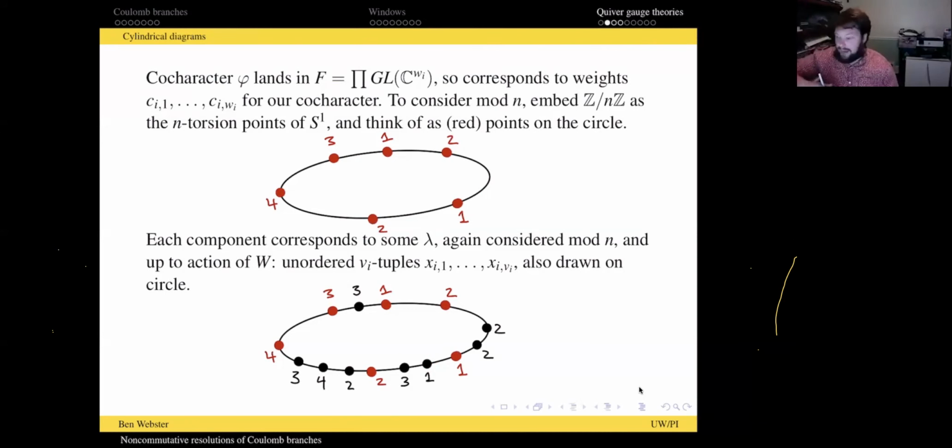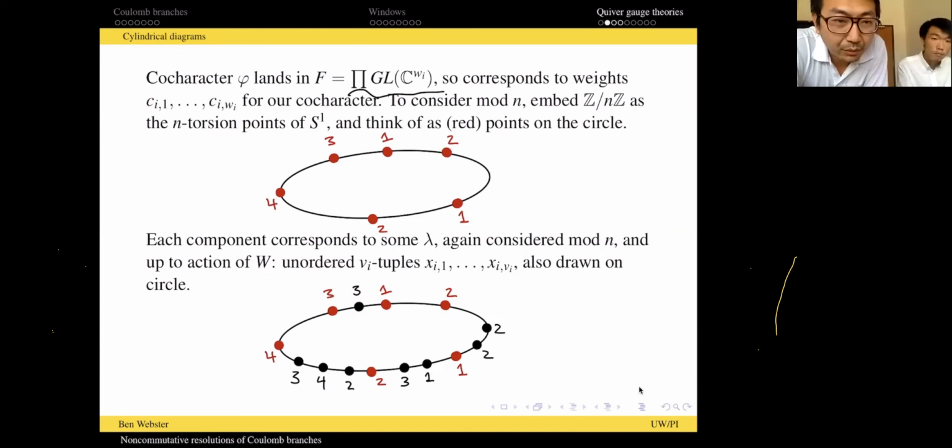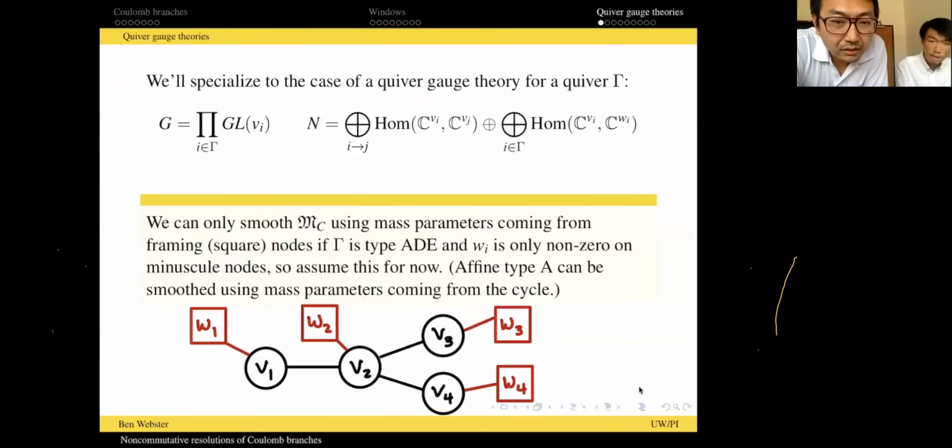I'm only considering things mod n, but I have a different one of those for each node of the quiver. So the ones numbered 1 are for one node. This is just the first picture, right? With the first picture, well, again, these numbers tell which of the GL of W_i's I came from. So the things labeled by 1 are things for W_1, for the node. I see.